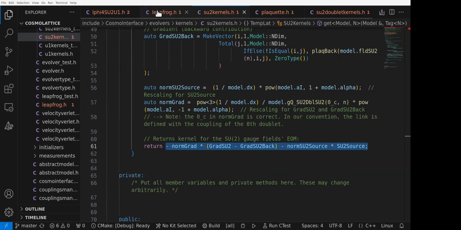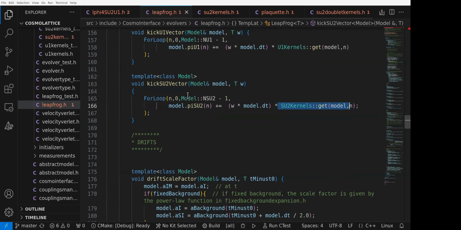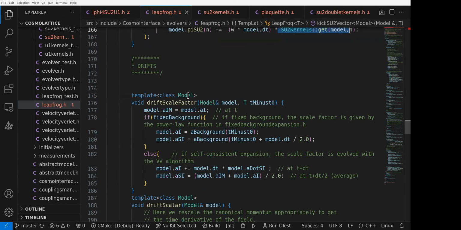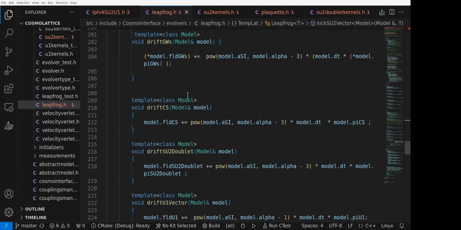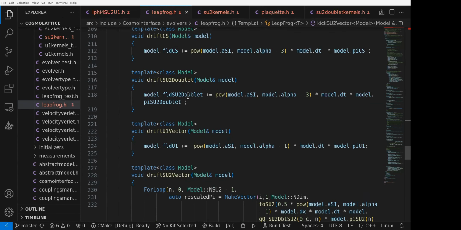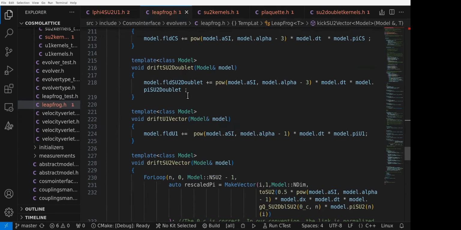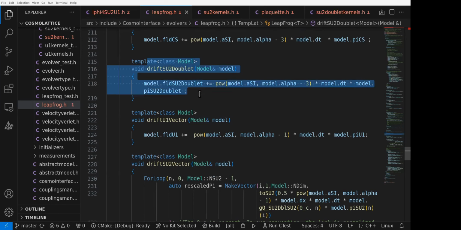Yeah, so that's, I think, basically it for the leapfrog. Maybe I can show also how the drift is implemented, since I spent some time to talk about it. For the scalar field, for the doublet, there is absolutely no subtlety. It's just the same as usual.